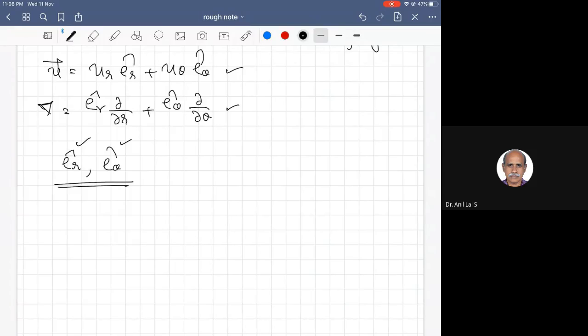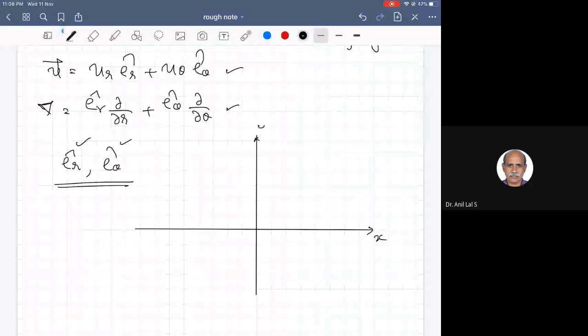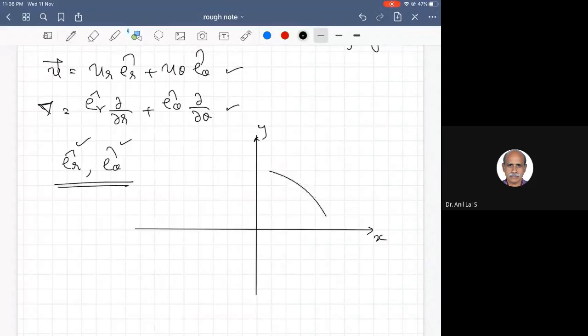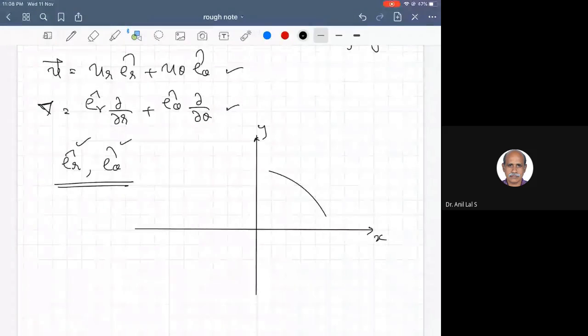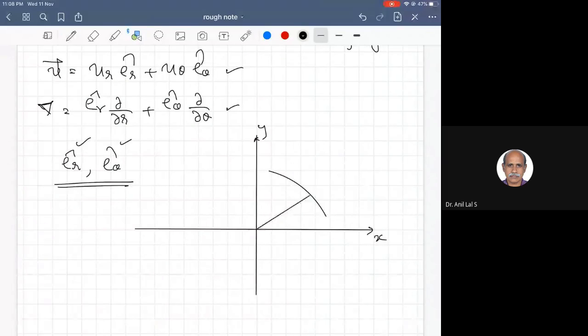So for example, to show that, I will make this sketch of the unit vectors x, y, and we draw an arc of a circle of a constant radius. Let me assume that the radius is unity.